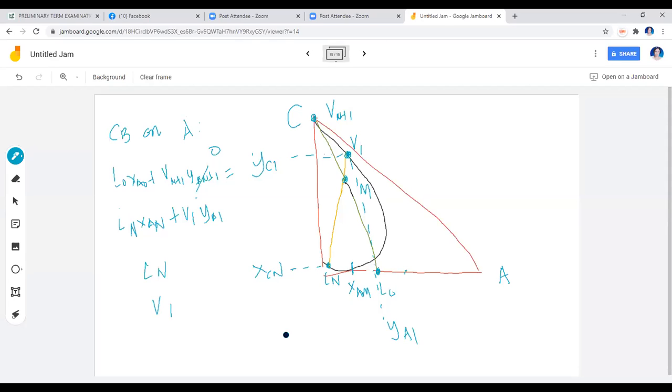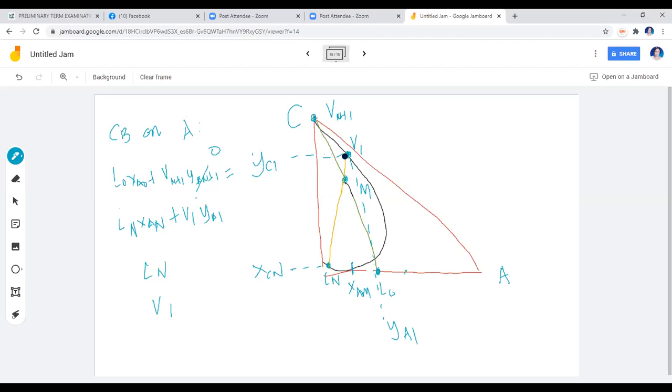So any question here? Yes? For V1, do we bump it into LO to get the YA1? No, it's just my drawing. You really have to go down until you reach the horizontal axis, where it's going to rest on the horizontal axis, which gives you a composition, that's your YA1.